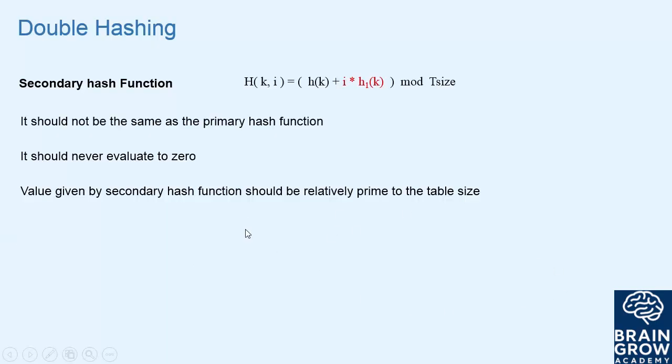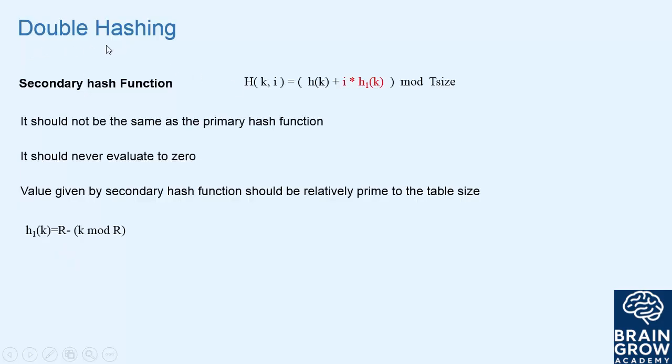If they are not relatively prime, then there will be slots that would remain unexamined. Generally, the table size is taken as a prime number, so it will be relatively prime to all step sizes. As we have seen before, a good choice for the secondary hash function is this, where R is a prime number less than the table size.